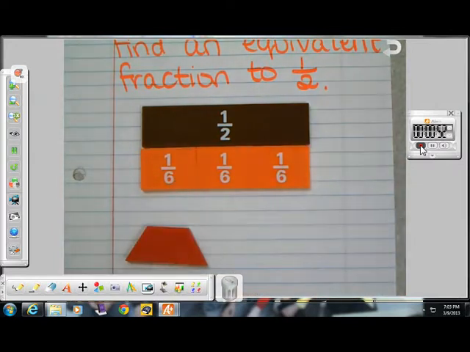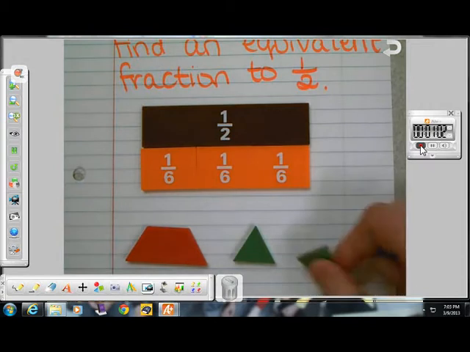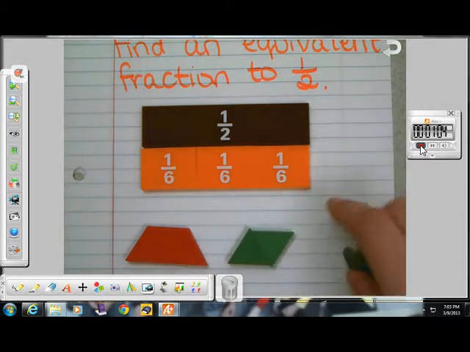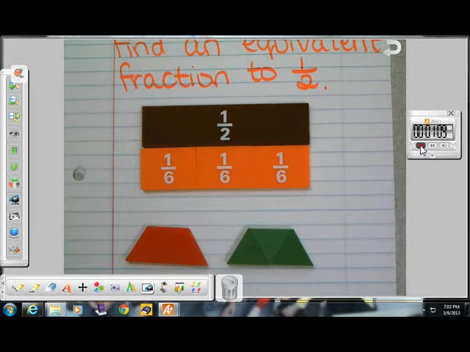I can also prove that by pulling pattern blocks, and I have green triangles that are 6, and saying 1, 2, 3. 3/6 is equivalent to 1/2. You can also say, by using pattern blocks or fraction strips, that 2/4 is equal to 1/2.